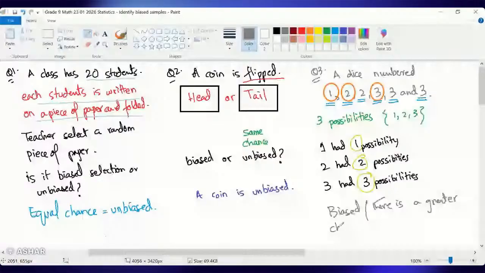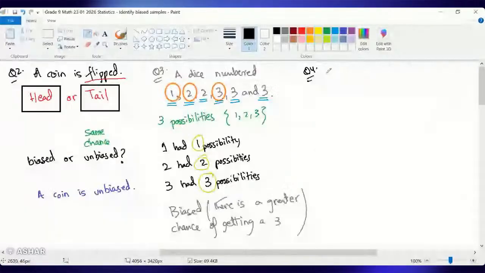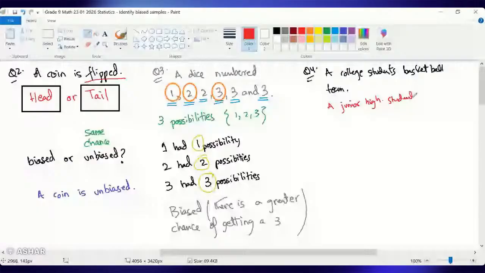Let's suppose there is a college and junior high students. Since the basketball students are grown, they have more height.